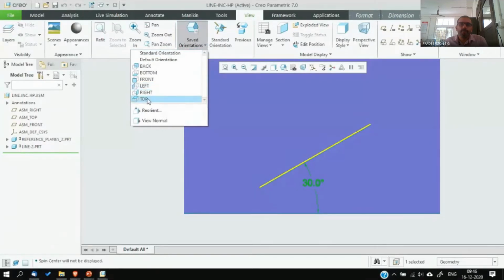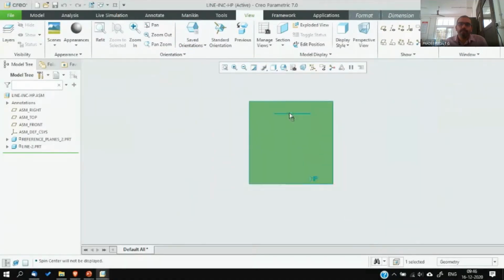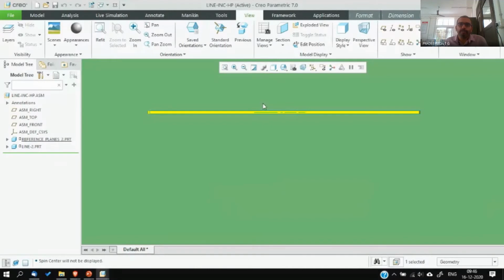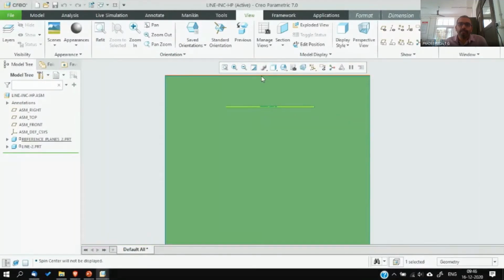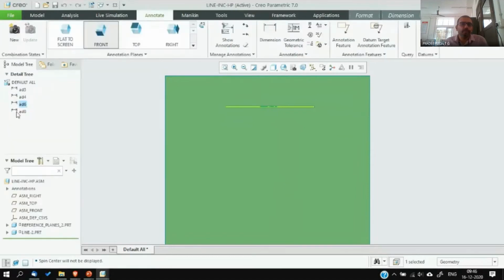see the top view is parallel to the XY line. So here is the XY line, this orange line. It represents the XY line in the actual top view. So then this is the top view of the object. Now let's see what is the length of this top view.